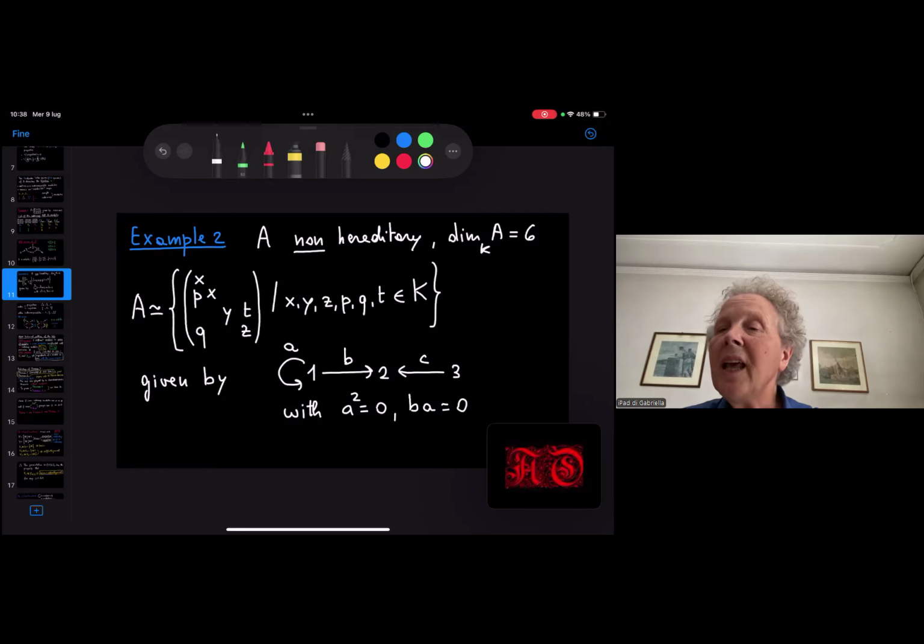That is, A2 is 0 and AB is equal to 0. From the point of view of matrices, A is the algebra of all 4 by 4 matrices written here.